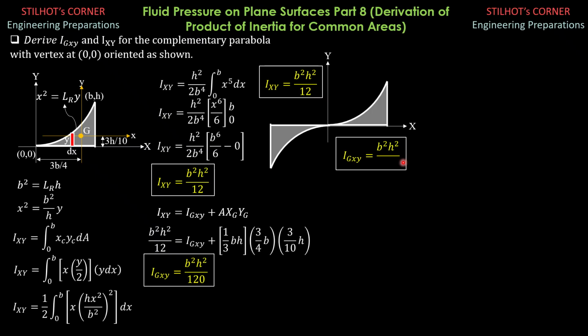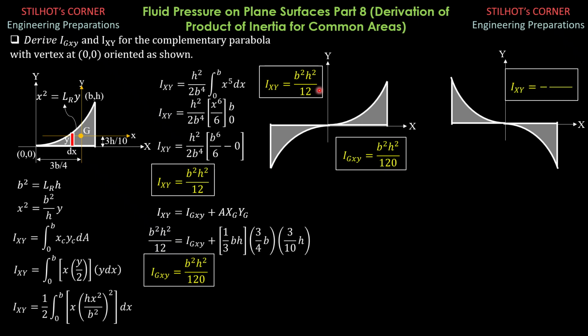Likewise, if the spandrel of parabola is oriented in the second and fourth quadrants as shown in the figure, definitely Ixy would be negative b squared h squared over 12, and let us see if IGXY will also be negative.